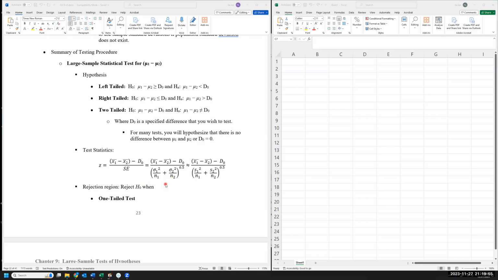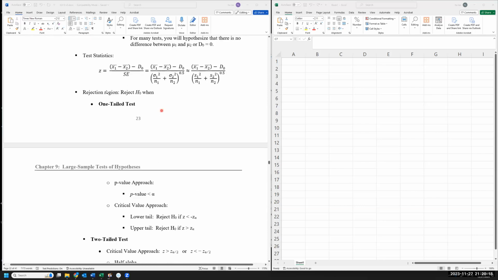And the standard error, as discussed above, is the variance from population 1 divided by N1 plus the variance of population 2 divided by N2, and you square root that whole thing. Obviously, these population variances are unknown, as discussed above, so we use the variances from the samples.